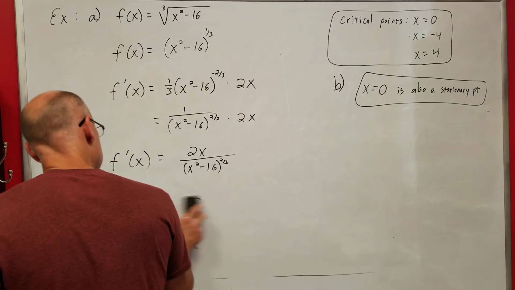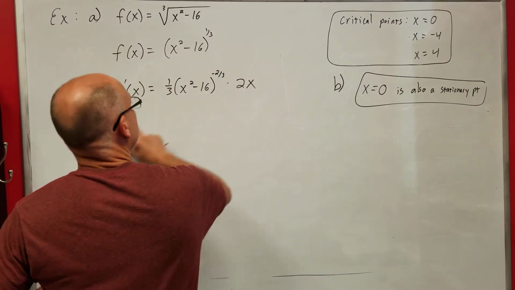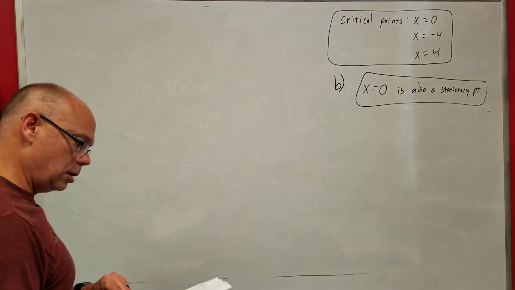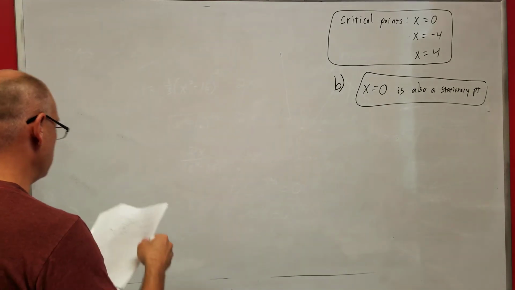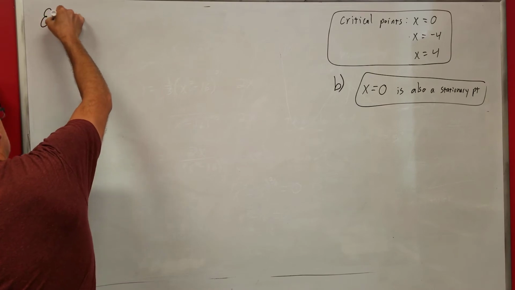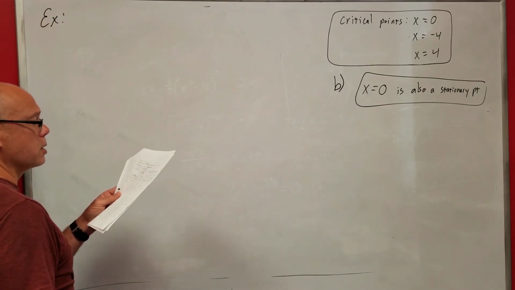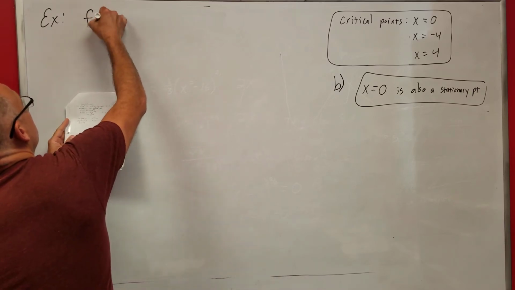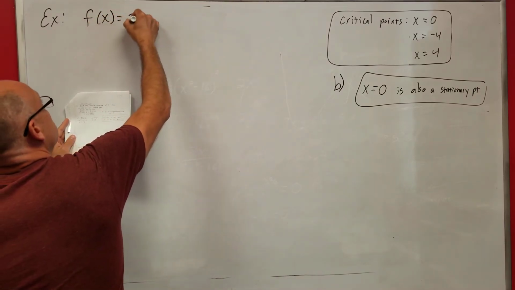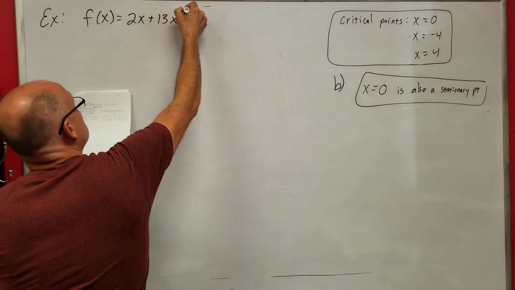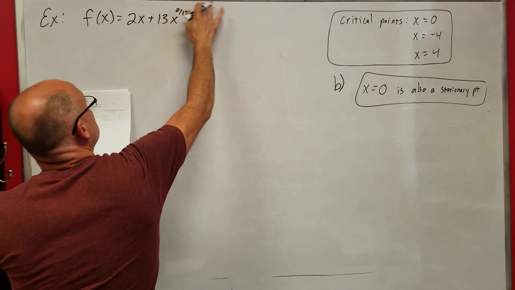All right, so let's see. If we look at our notes, we have an example, and it says, find the relative extrema of f. List the answers in ordered pairs. So we have f of x is equal to 2x plus 13x to the 2/13, okay?